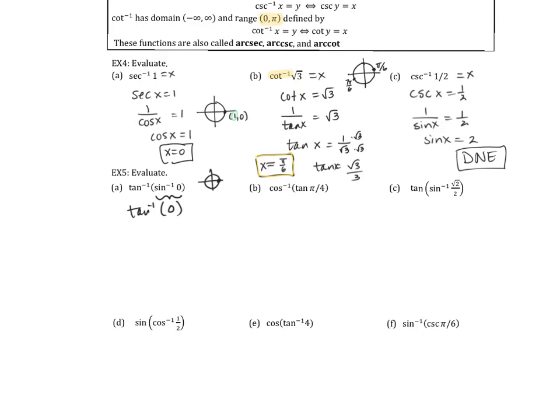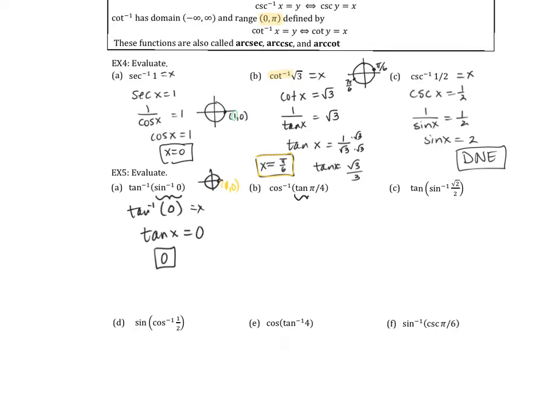Just as a little reminder, for arc sine, when do we have a y value of 0? That happens at an angle of 0. And then when do I have a tangent that has a value of 0? What angle corresponds to that? That happens at an angle of 0.